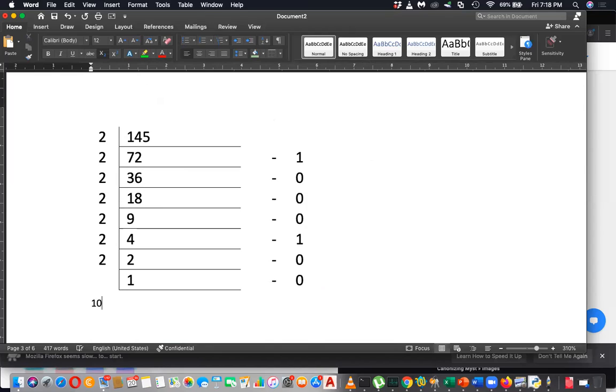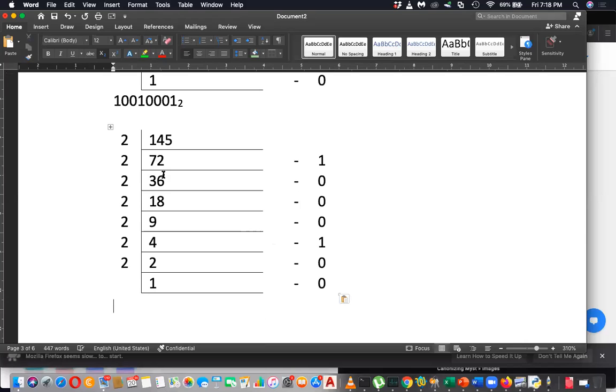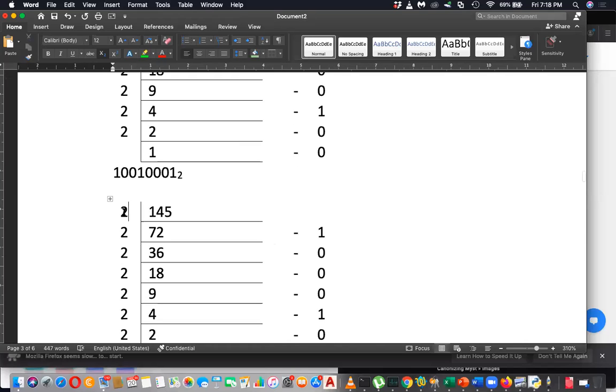It's 100100001. And the octal one, again you have to take the same number, 145, and convert this. 145 divided by 8.